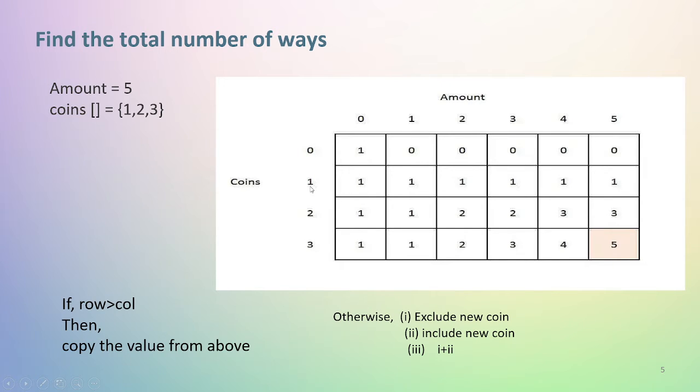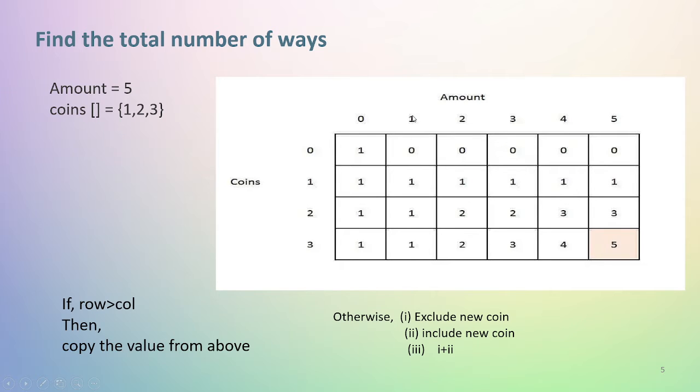If the row and column are the same, or the column value is greater than the row, then we follow this condition. In this section, first of all, I consider this 0, excluding the new coin. Without this coin, we consider this 0. And the second condition is to include this coin.